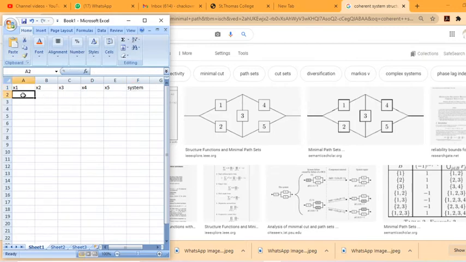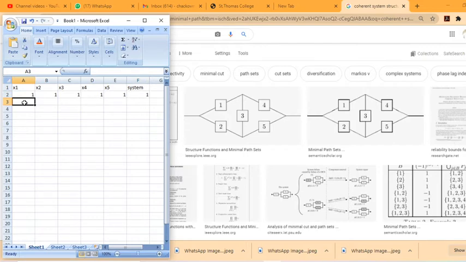Let us think about all the nodes. This can be called nodes in a signal transmission system, so let us call it node or component. Let x1 be functioning, x2 functioning, x3 functioning, x4 functioning, x5 functioning. Then the system will be in functioning state.